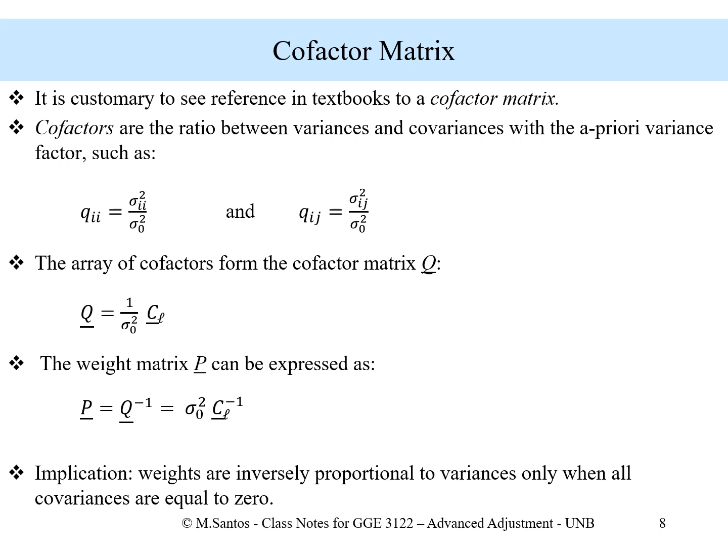The cofactor matrix Q can then be written as Q equals the covariance matrix of the observations divided by a scalar, which is the a priori variance factor.